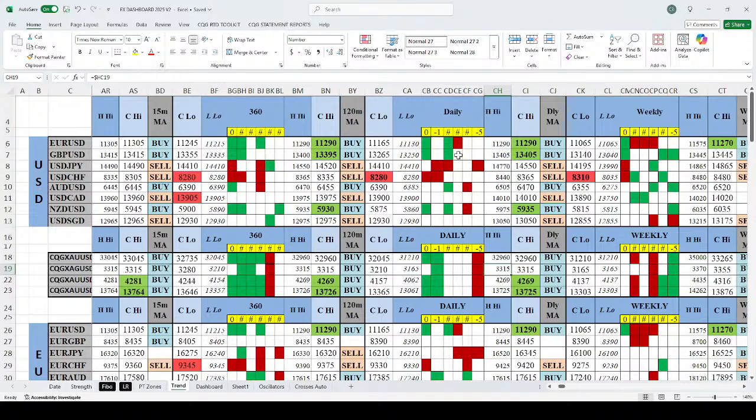Euro dollar is trading above the previous day high, pound is trading above the previous day high, dollar Swiss is trading below the previous day low, and New Zealand is trading above the previous day. Also on the weekly, the euro is trading above the previous weekly high. So expect the strength to continue.